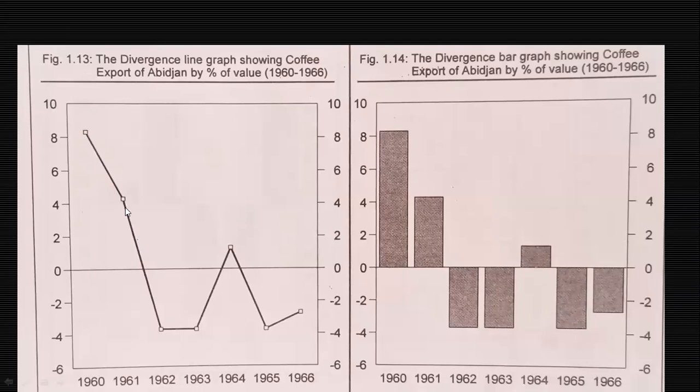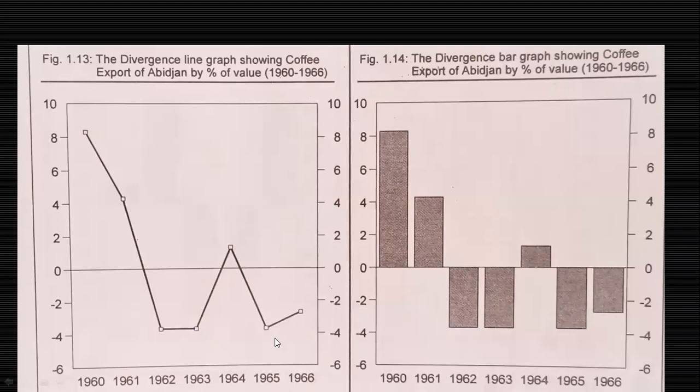From 8, it comes to 4, and now it is going in the negative. Now, from here to here, it remained the same. But again, it started shooting high. It is from high, sharp drop. It stagnated in 1963. It again went high. It again went low.